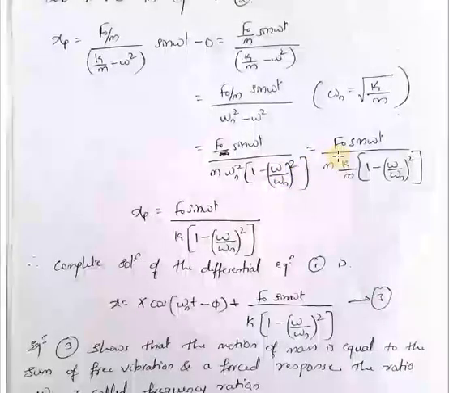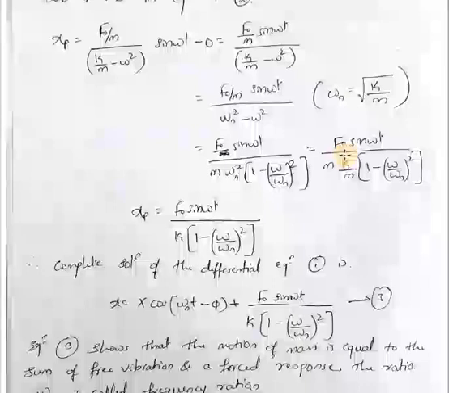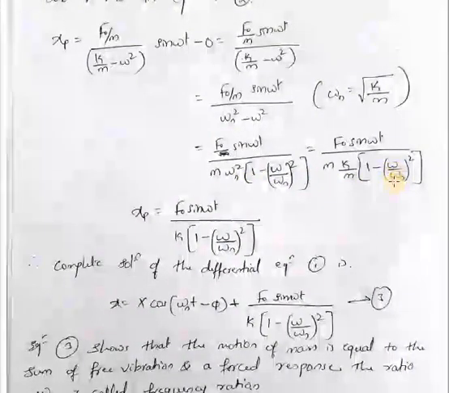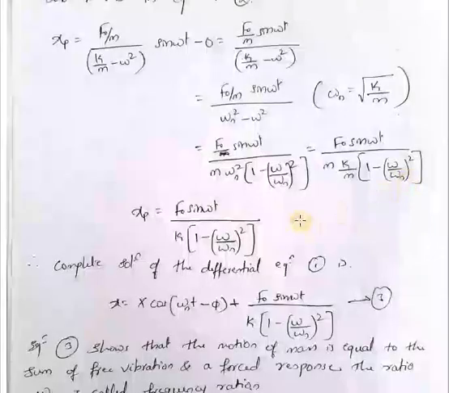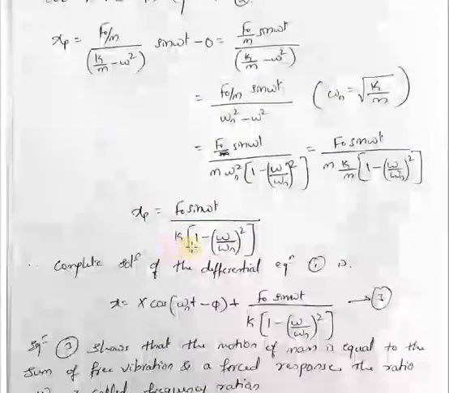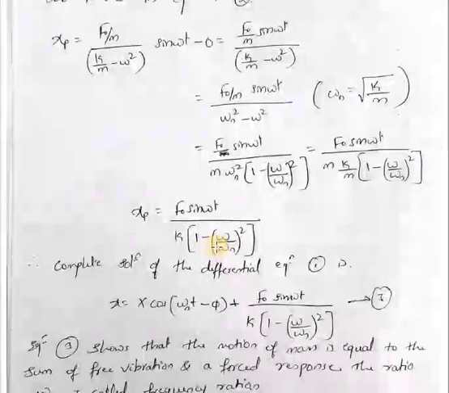Since omega n square is k by m, this equals f naught into sin omega t divided by m into k by m into 1 minus omega by omega n square. Or I can rewrite it as xp equal to f naught into sin omega t divided by k into 1 minus omega by omega n square.